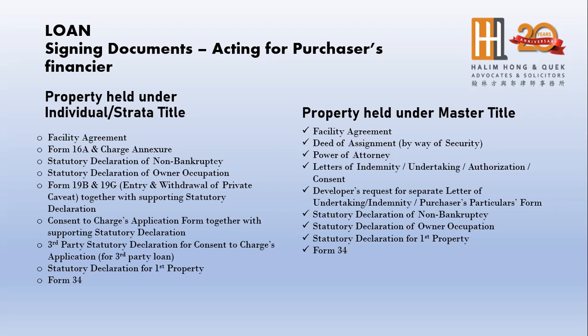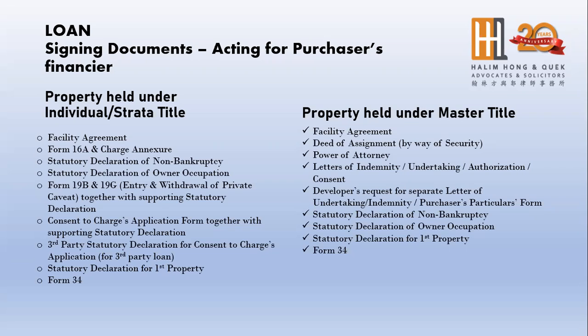And then for property held under master title: facility agreement, deed of assignment by way of security. Actually there are two types of deed of assignment. The transfer one is similar to MOT for non-title, and the deed of assignment of security is for the loan, whereby you will be assigning the rights of the property to the bank. The deed of assignment of transfer is whereby the vendor will assign the rights of the property to the purchaser.